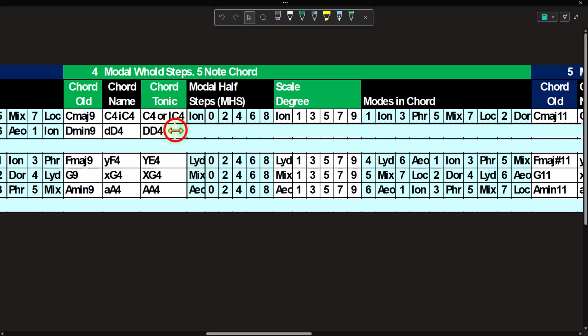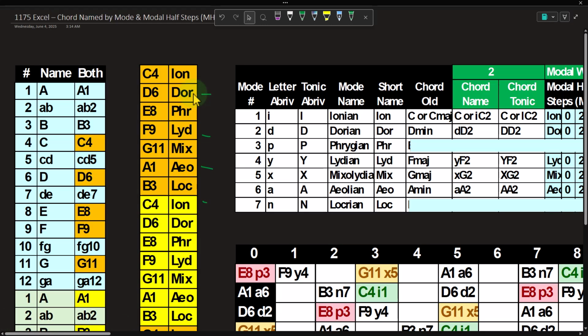But you can make it the tonal center again, so it would be Dorian 2, 4, 6, 8, and then the scale degree would be the 1, 3, 5, 7, 9, the 9 equivalent to the 2. If I looked at that over here, scale degree terminology would be 1, 3, 5, 7, 9. The 9 here equivalent to the 2, right?